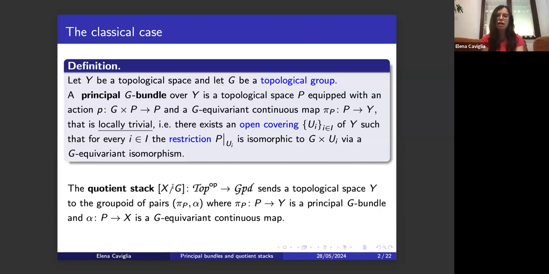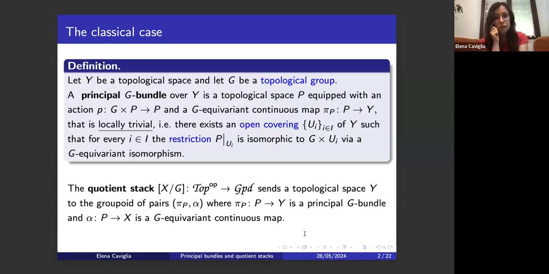And these objects are important because if we, for example, consider the case in which X is just a point, so a topological space given just a point, what we get is the classifying stack, which allows to compute cohomology groups. And so it's very useful in geometry.